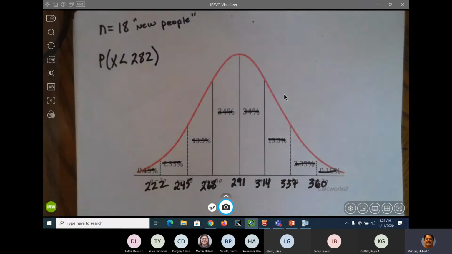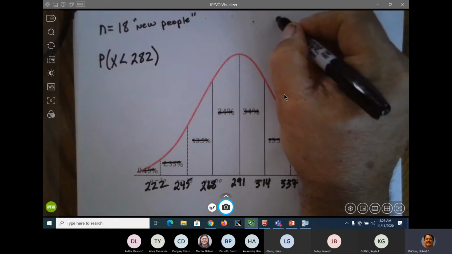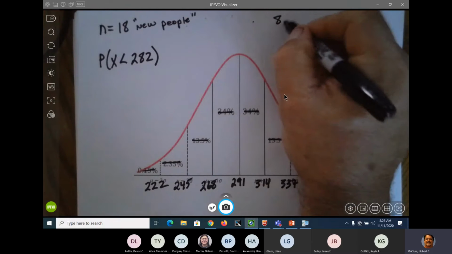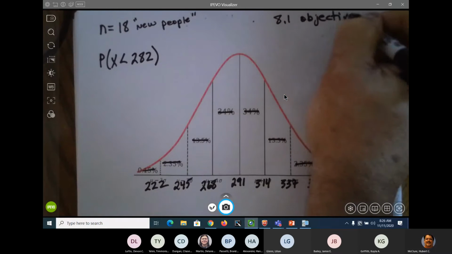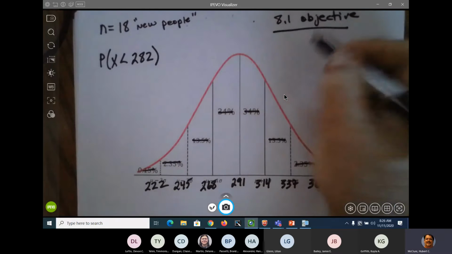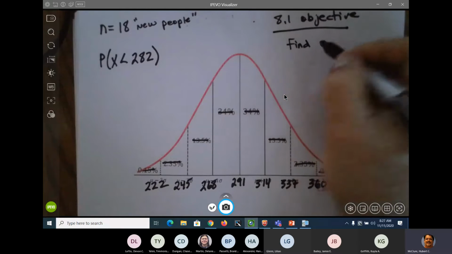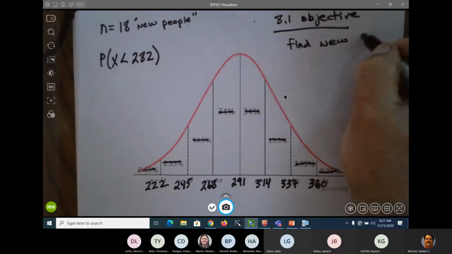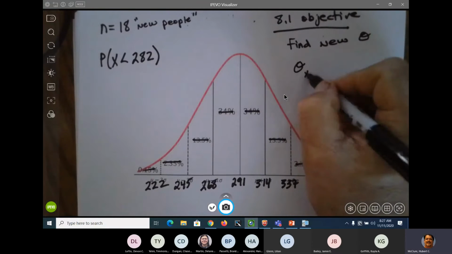All right, so first of all, we go to our 8.1 objective. In other words, your goal is to find the new standard deviation, which is called standard deviation x bar.